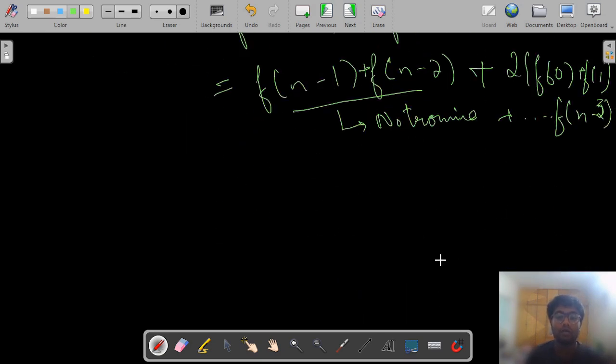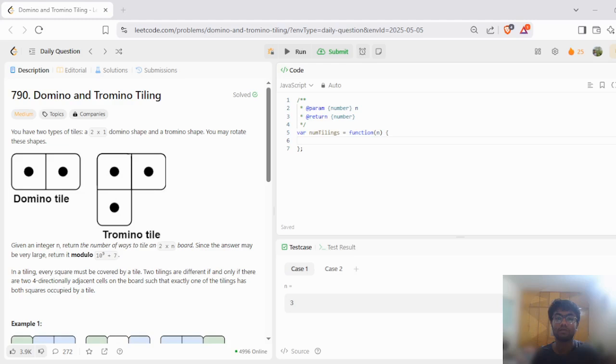Okay, so this is a formula that we need to come up with as a recursive function. Let's see if we can code this up to solve this problem. Let's start off with certain base conditions.